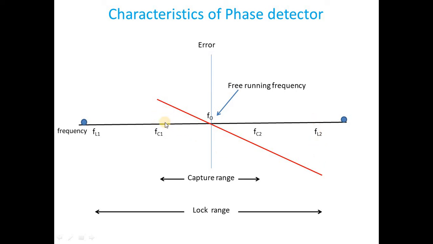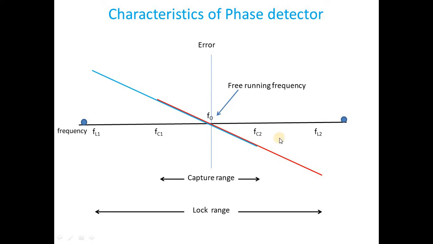Initially the error voltage was positive value, and as you increase your frequency, your error voltage is decreased to this value, and after the lock range your PLL is out of lock.